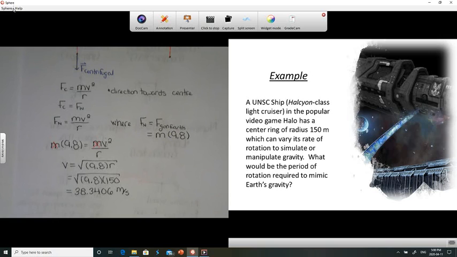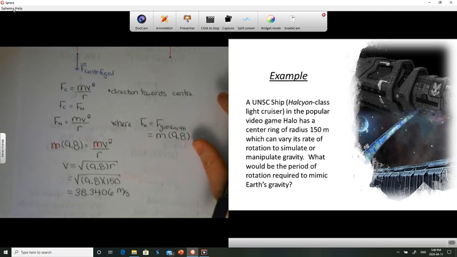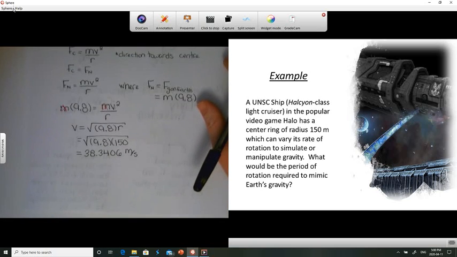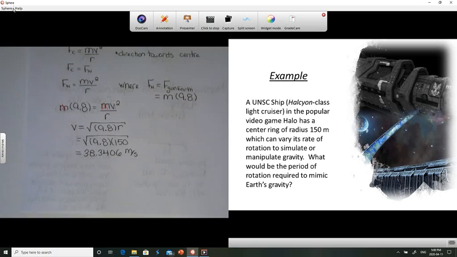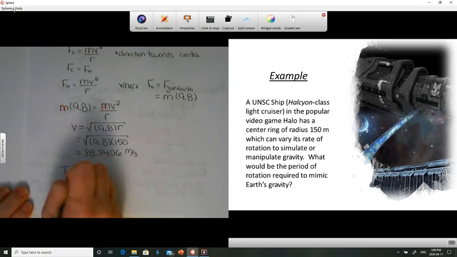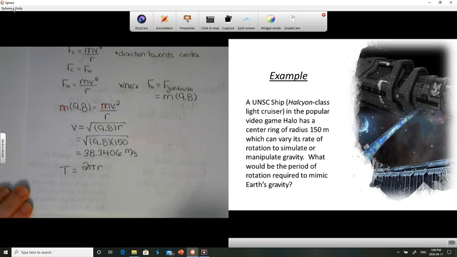Now the question didn't ask us for the rotational speed, it asked us for the period of rotation. So we need to get from speed to period, or time. And we might remember that time is just distance over speed. And the distance for something experiencing circular motion is equal to the circumference, which is 2 pi r. So the period is 2 pi r, which is that circumference, divided by the speed.